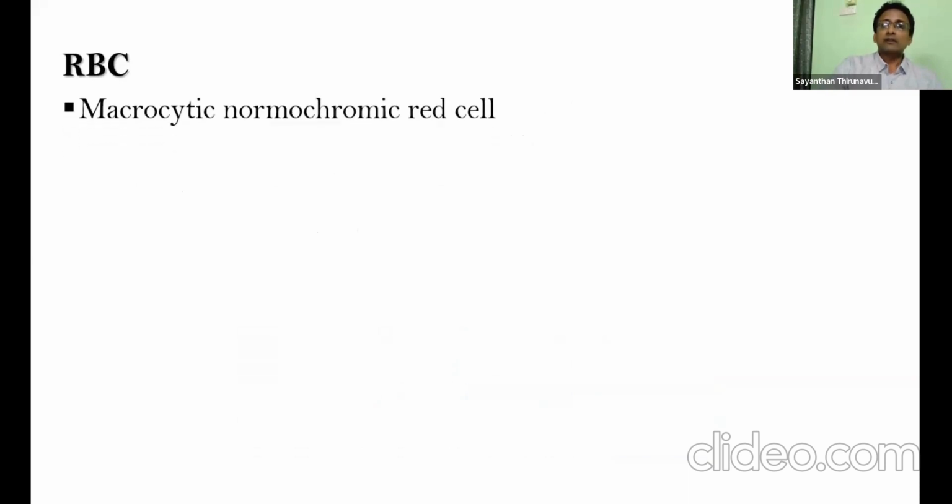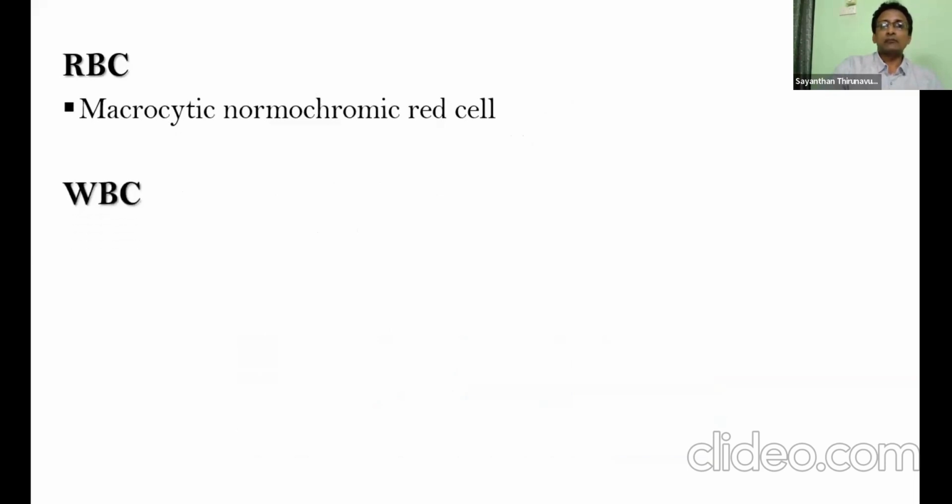Then the blood picture was sent to the consultant hematologist. The report is as below. RBC: macrocytic normochromic red cells.